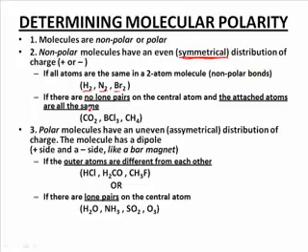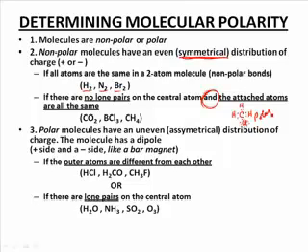This "and" is very important: no lone pairs and the attached atoms are all the same. So I might have, and I think we've drawn this one before, CH3Cl. There I have no lone pairs, but the chlorine is different from the hydrogens, so this would be polar. It does not meet both criteria.